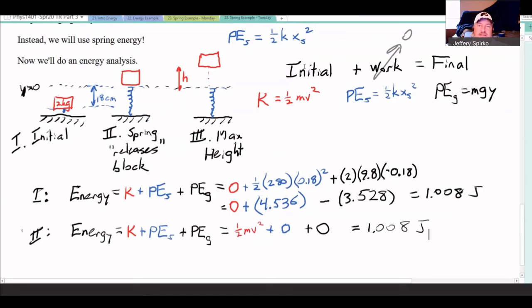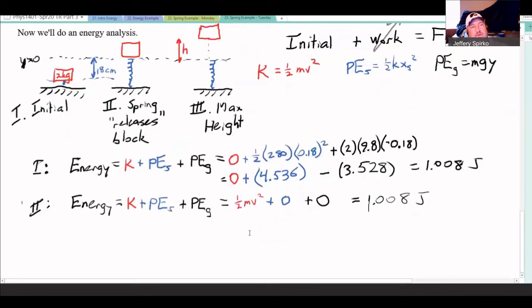This is the idea that the initial energy equals the final energy. So we can take the value we got for the initial energy and set it equal to the formula we got for the final energy. Now we can solve for V. So we get 2 times 1.008 divided by the mass.